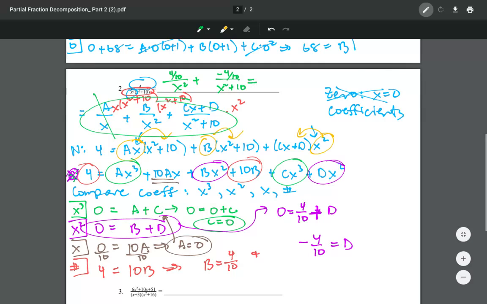You can also move the 10 to the denominator, and you could write this as, let me give myself a little more room. You could also write this as 4 over 10x squared minus 4 over 10x squared plus 10. Okay, there's that second one. That one was messy.